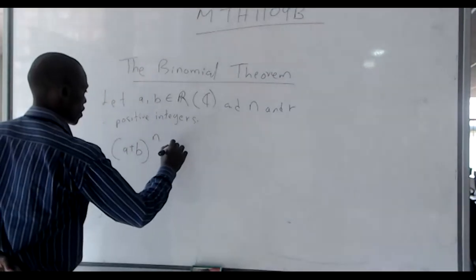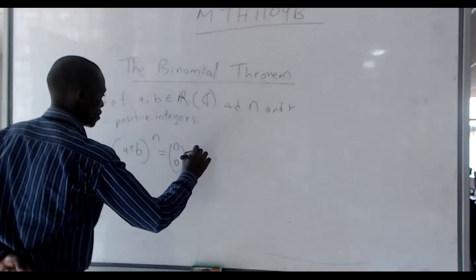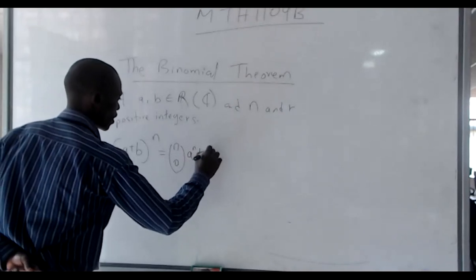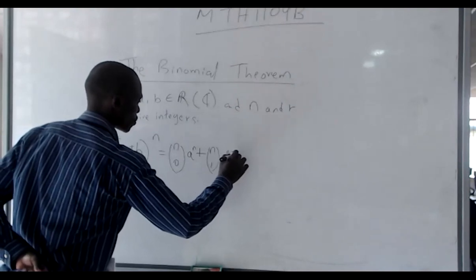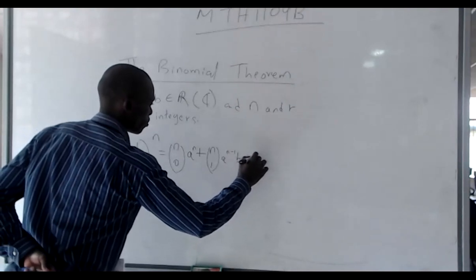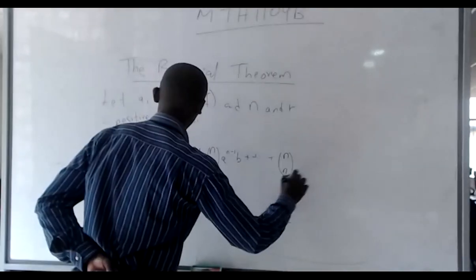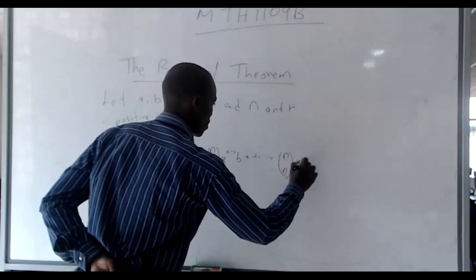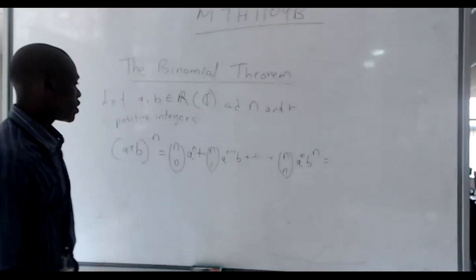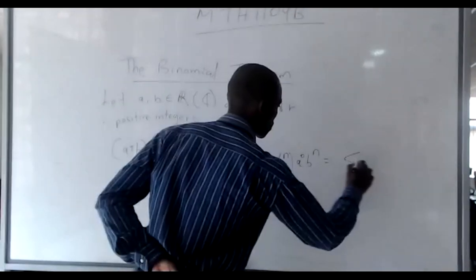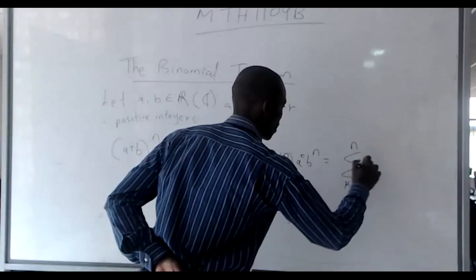Well, this is the same as n combination 0 times a power n, plus n combination 1 times a power n minus 1 b, plus all the way to n combination n, then a raised to 0, b raised to n, which we can write using the sigma notation as summation from k is 0 to n.